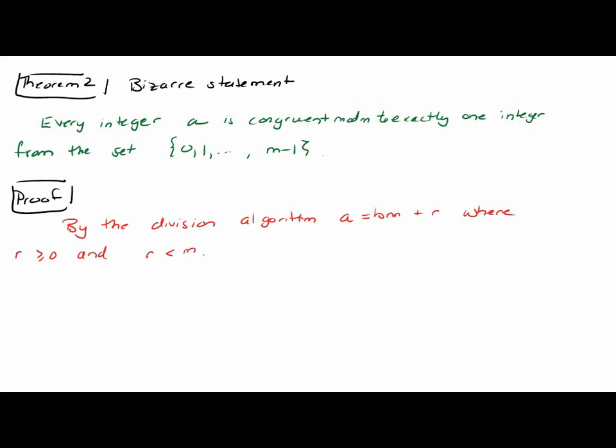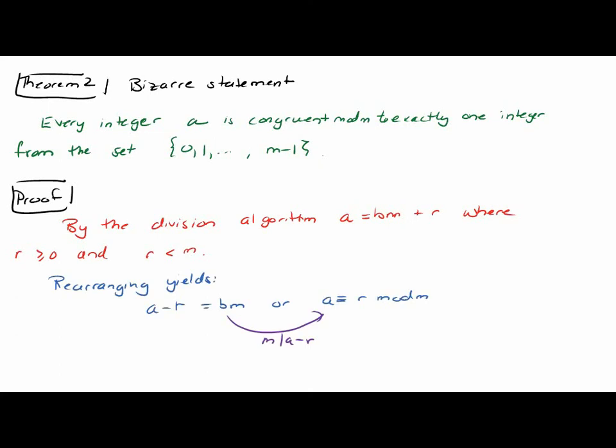And it just happens to come from the division algorithm. If you take two numbers, A and B, by the division algorithm, you know that you can express it as A equals B, M plus R, where R is bigger than or equal to 0, and R is strictly smaller than M. The remainder's got to be smaller, otherwise they haven't done the division correctly, right? You could actually divide by a higher quotient.